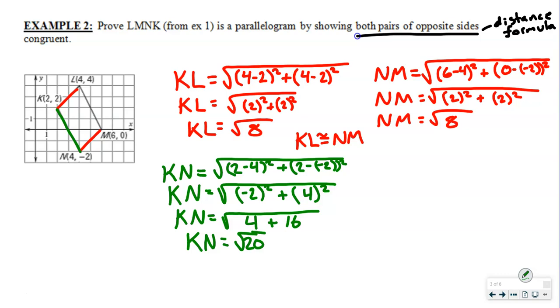So then I need to show that LM equals the same. My long square root sign, plug in my points, my coordinates for LM. I've got 4 minus 6, that'll be squared, plus 4 minus 0, and that'll be squared.